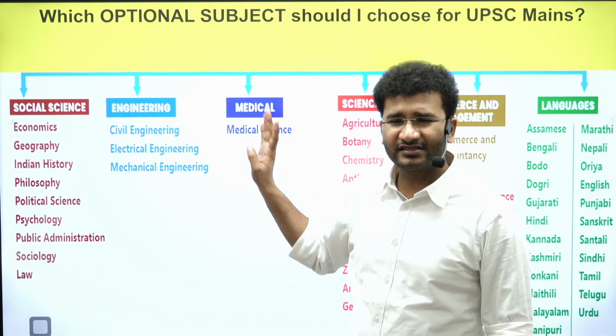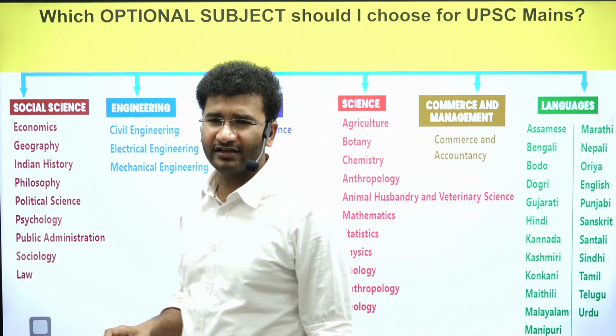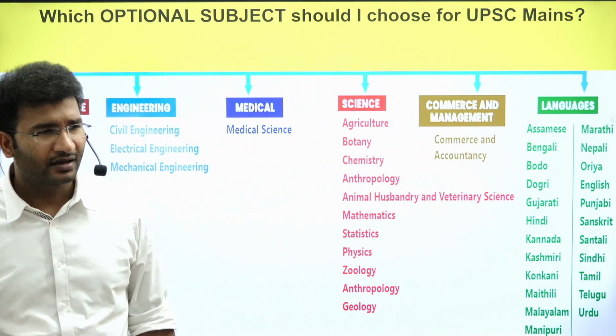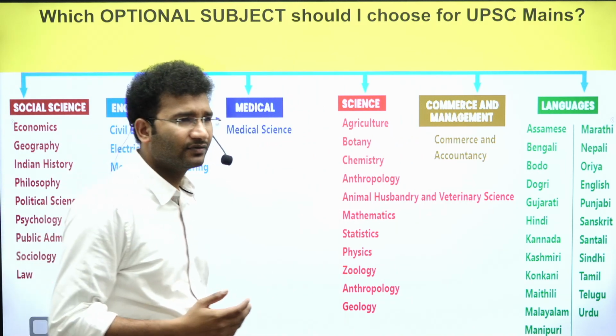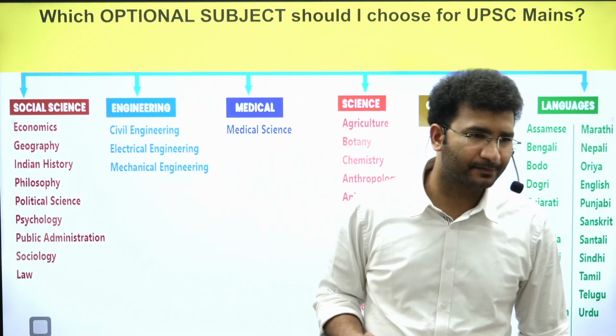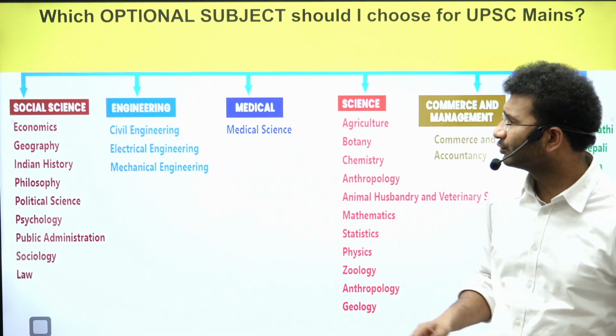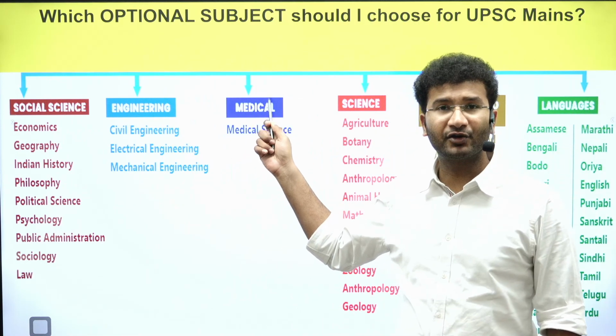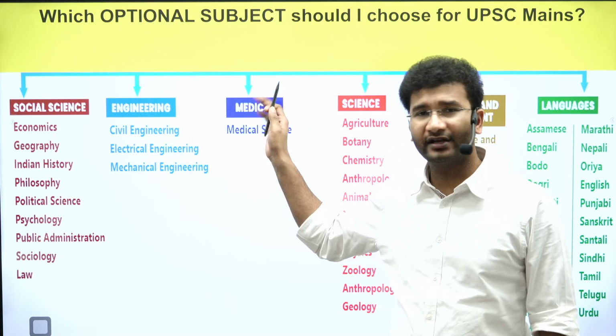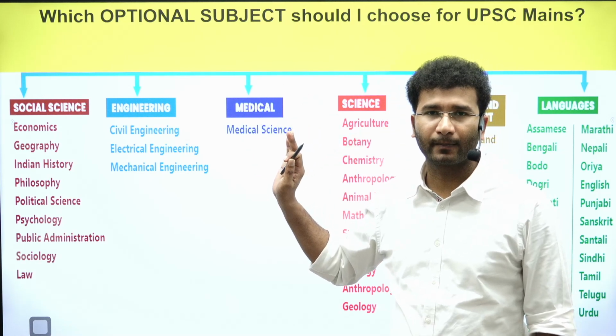Else these subjects are very difficult in terms of accessing the material, and they are very technical in terms of their language or etymology. So usually doctors, or someone who has a medical background, take up this optional subject.